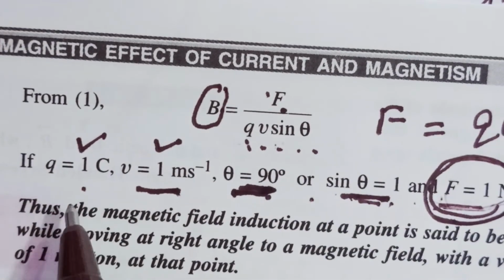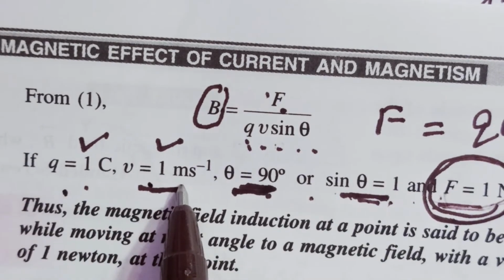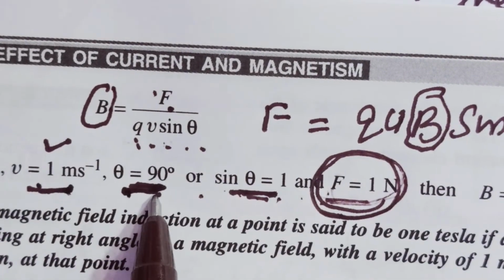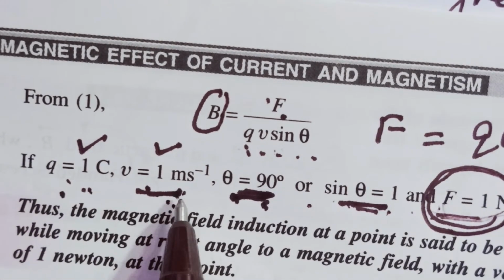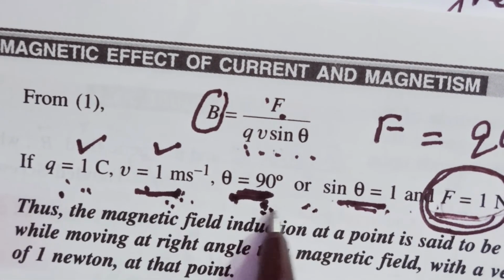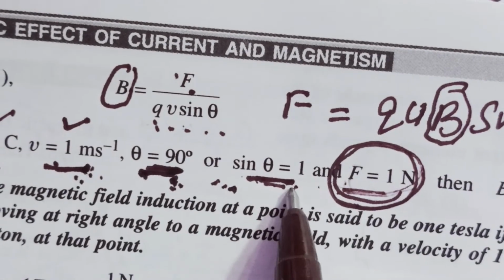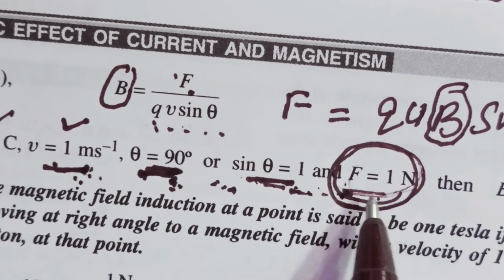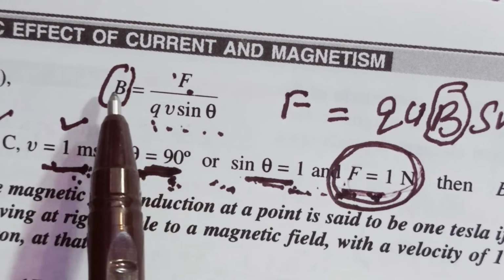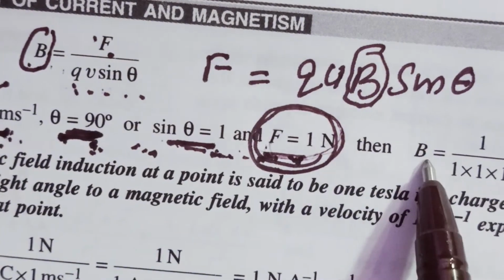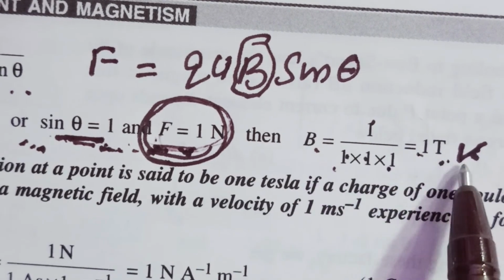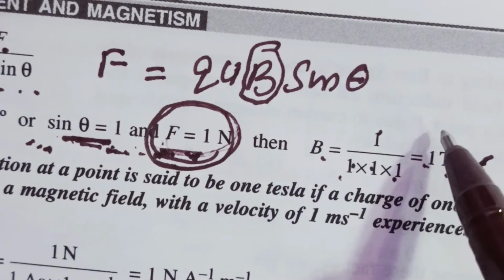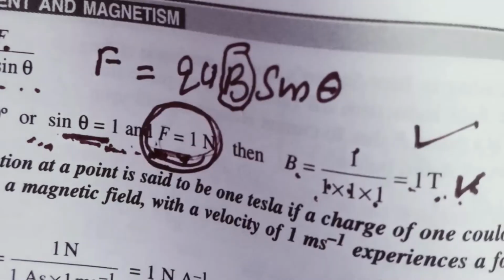Again, charge is 1 coulomb, velocity 1 meter per second, theta 90. So if 1 coulomb charge is moving with 1 meter per second perpendicular to the magnetic field and experiences a force of 1 Newton, then B is said to be 1 Tesla. So this is the definition of Tesla.